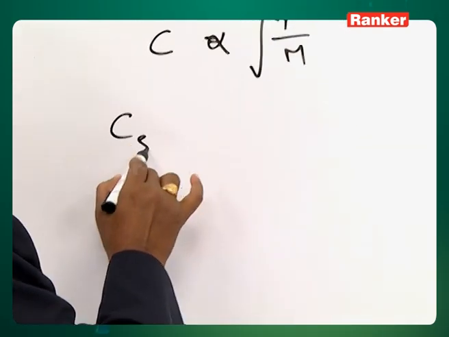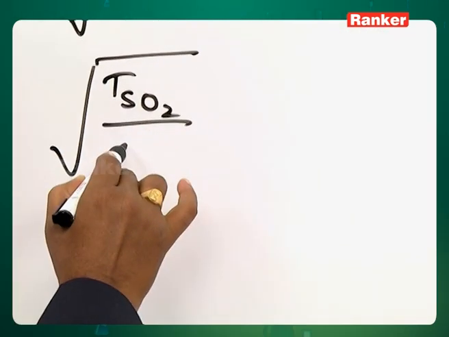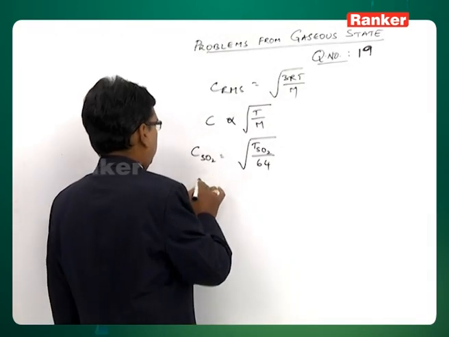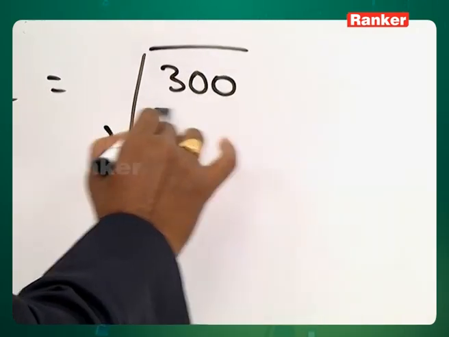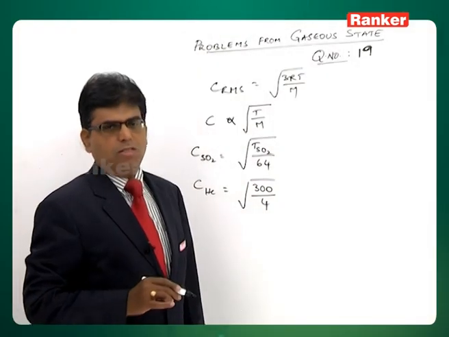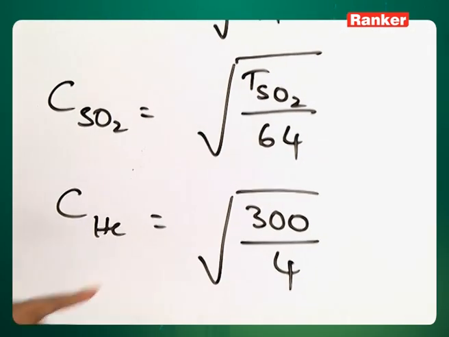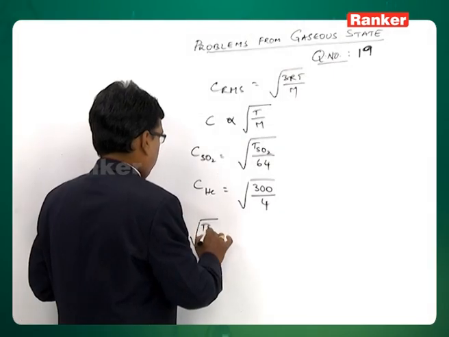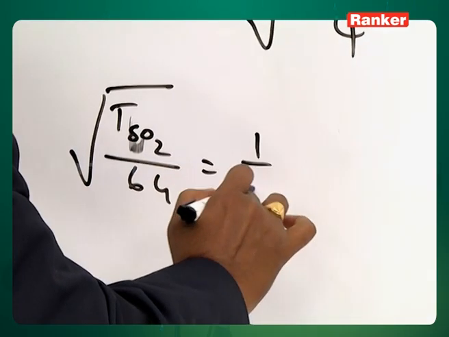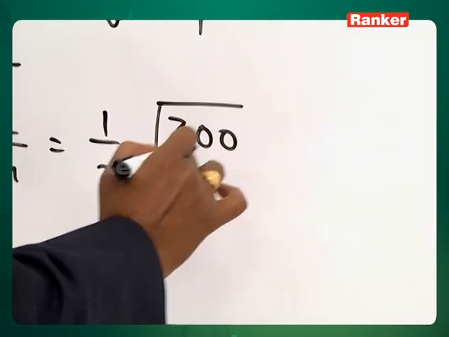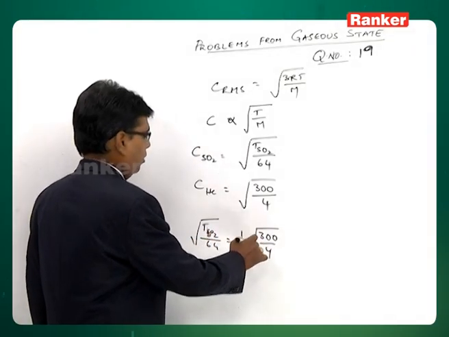So, RMS velocity of sulfur dioxide is proportional to root of TSO2 by molecular weight, that is 64, and helium is proportional to root of T helium, that is 300 by 4. Now, what the question says is RMS velocity of sulfur dioxide is half of this, that means under root TSO2 by 64 is equal to half of root 300 by 4.